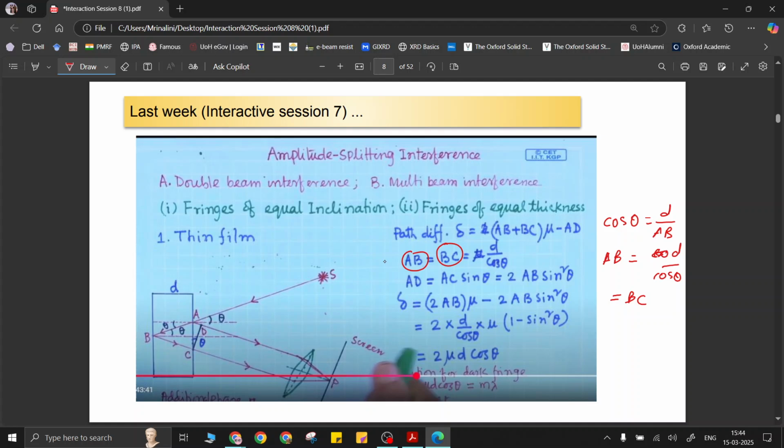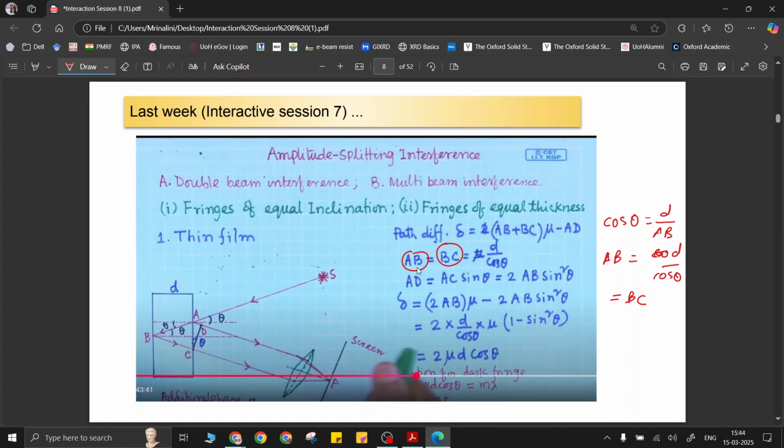When we substitute the values of AB and BC here, we get something like this, and then we take out the common terms.